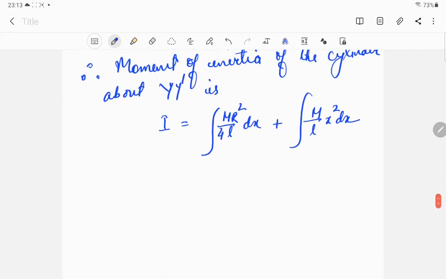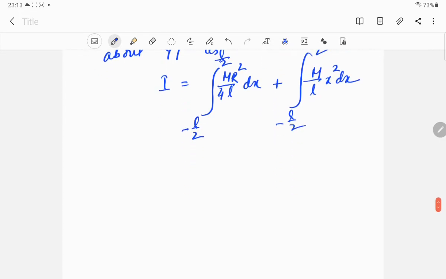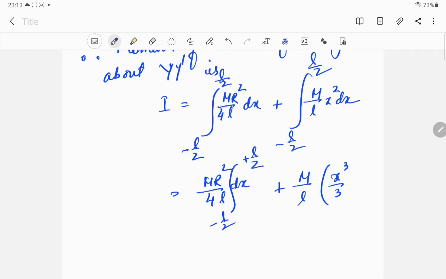So we have m r square by 4l, integral of dx from minus l by 2 to plus l by 2, plus m by l times x cube by 3 from minus l by 2 to plus l by 2.